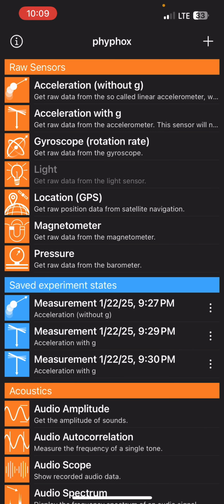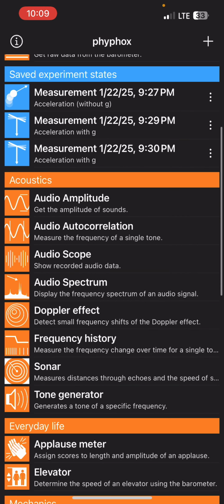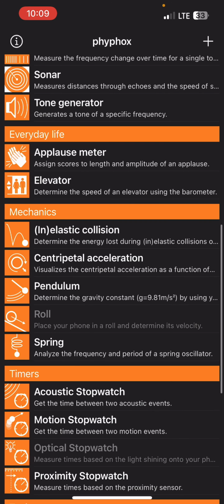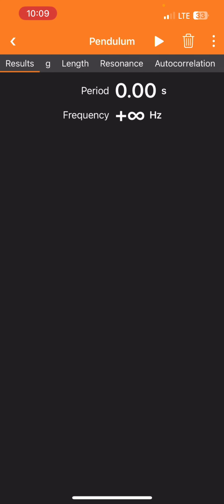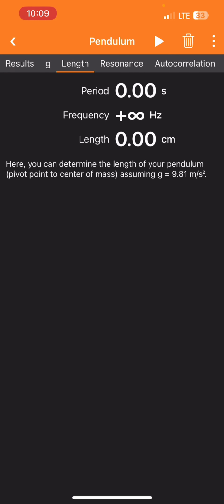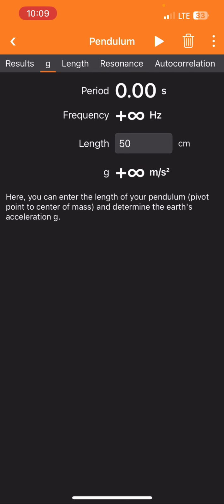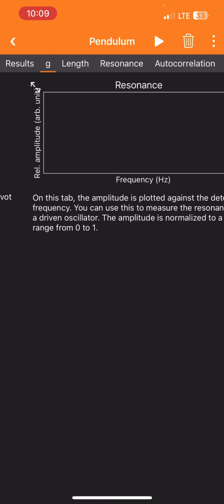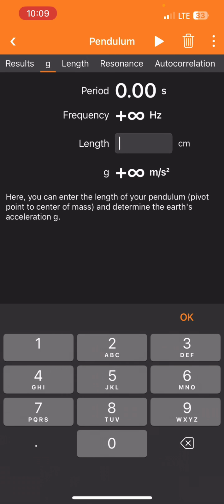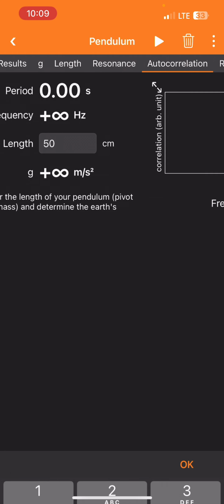It also has a lot of different customizable parameters. For example, if you use the pendulum, you can decide your length and you can change everything like this. As you can see, you can switch it here, make it 100 centimeters, 50, whatever you want to do.